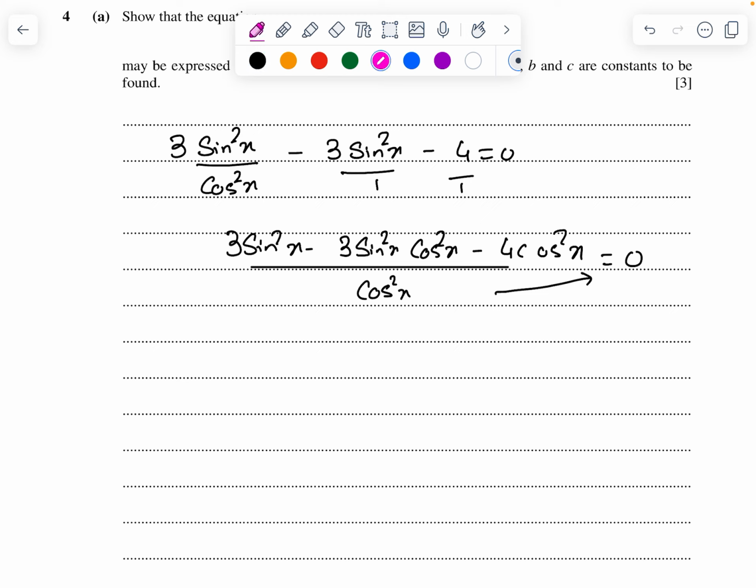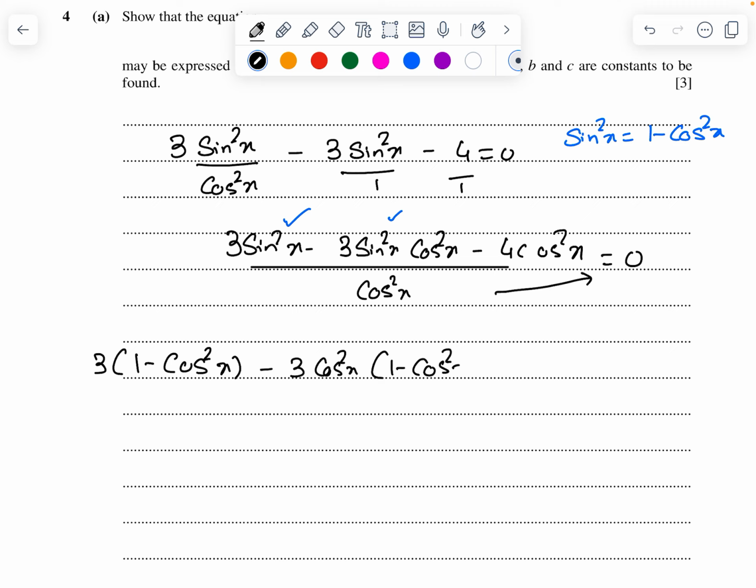So now convert this sin square x also into cos square x. We know that sin square x equals to 1 minus cos square x. I am using that identity. So 3 times 1 minus cos square x minus 3 cos square x times sin square x is again 1 minus cos square x minus 4 cos square x equals to 0.